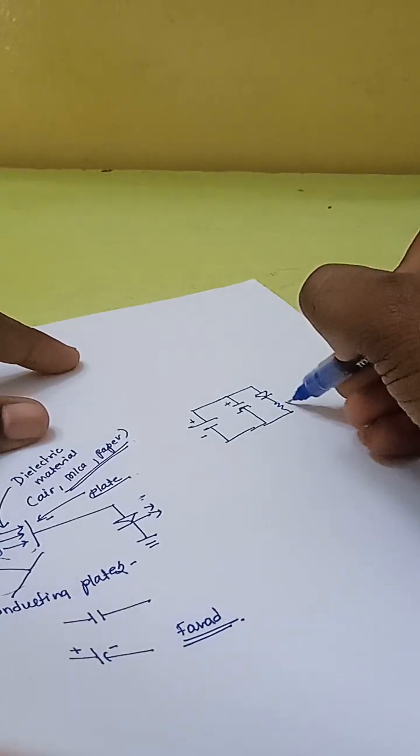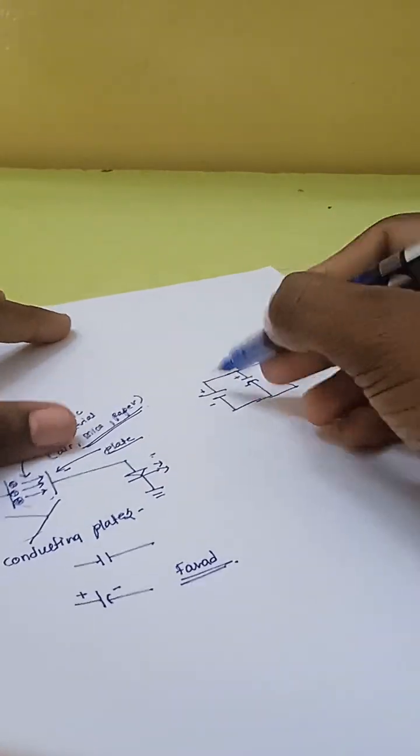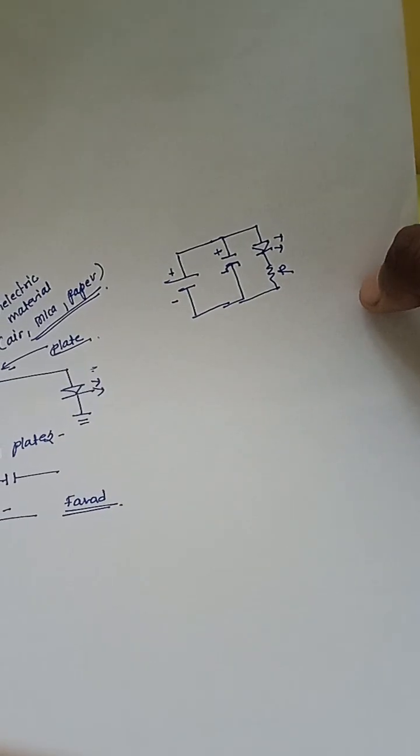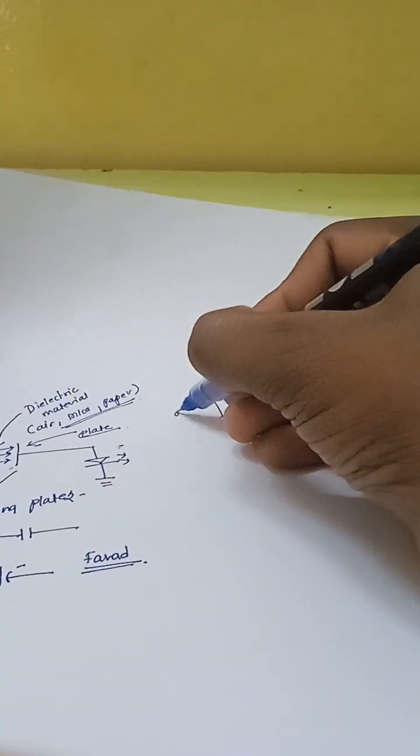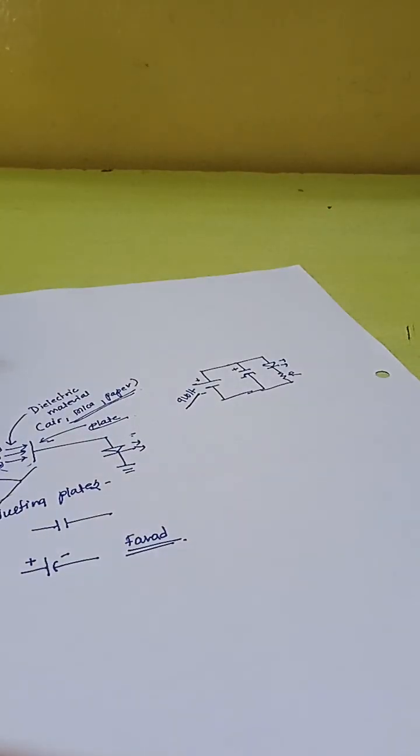For protection we can provide a resistor to the LED, and this is the complete circuit. You see here, if I have a 9-volt battery.